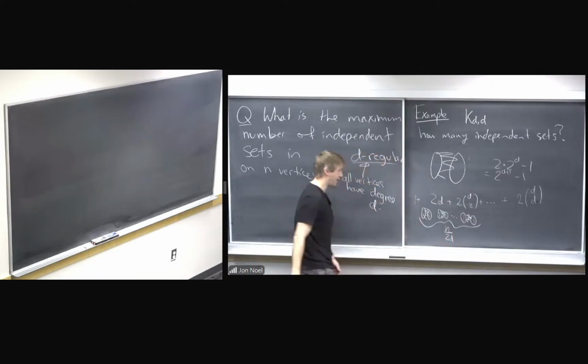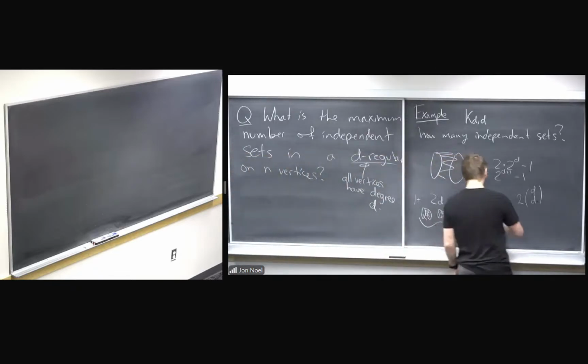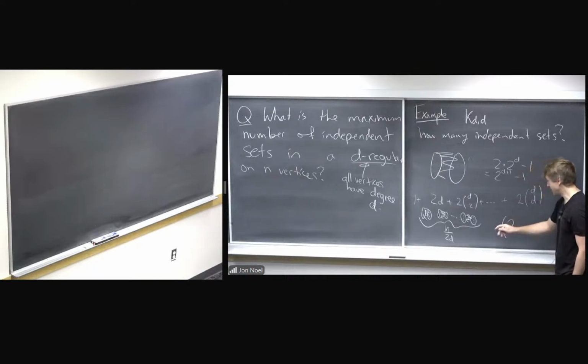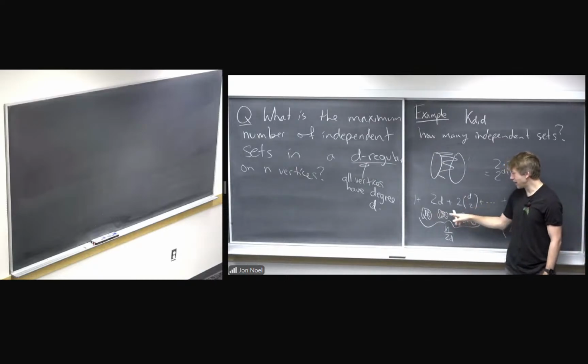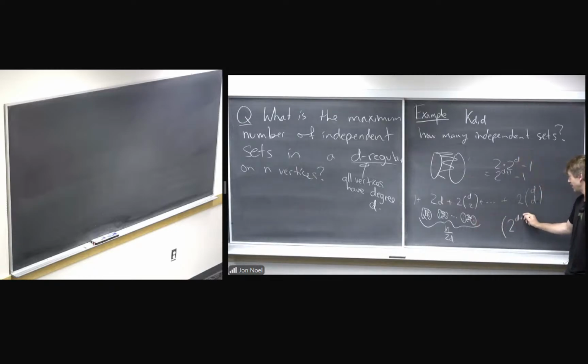Imagine you take n over 2D of them, where we assume n is divisible by 2D. Then to pick an independent set of this graph, you just take an independent set in every component. So the number of independent sets in this graph would be (2 to the D plus 1 minus 1) to the n over 2D.